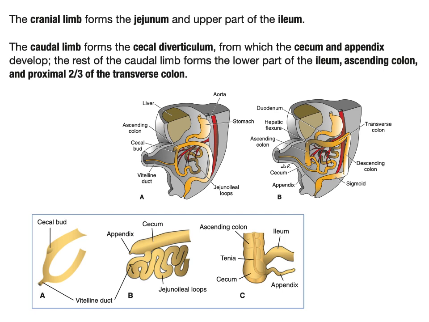Well, in these images, you can see that the cranial limb of the primary intestinal loop gives rise to the jejunum and the upper part of the ileum, while the caudal limb forms the cecal diverticulum that divides into the cecum, the appendix, and also the distal ileum, the ascending colon, and the 2/3 of the transverse colon.